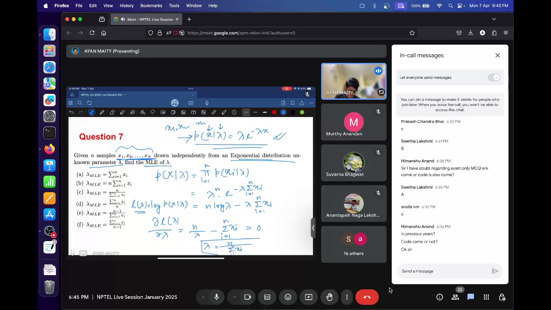So this is the MLE estimation of lambda, where lambda is the unknown parameter of the exponential distribution. So that would be option C. This way you can find out the MLE estimation of any parameter of any distribution given to us.